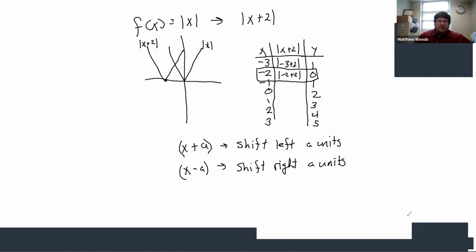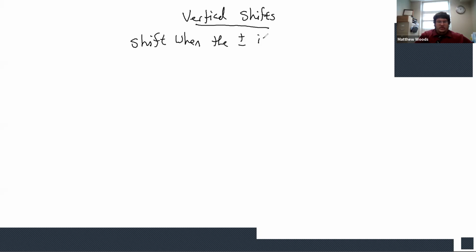Now, the much easier one to understand are vertical shifts. So a vertical shift happens when the plus and minus is outside the operation.